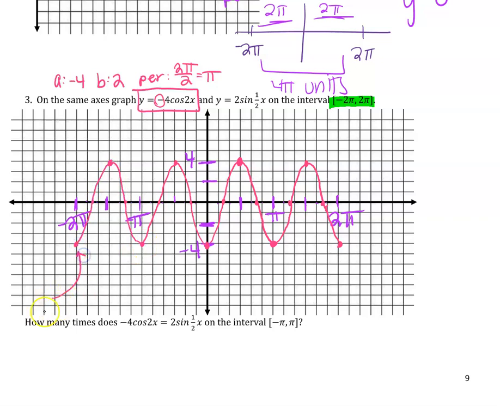And I'll label. Now see why this makes sense that it has a frequency of 2. If you look over 2 pi units, you are seeing 2 full cycles of cosine.